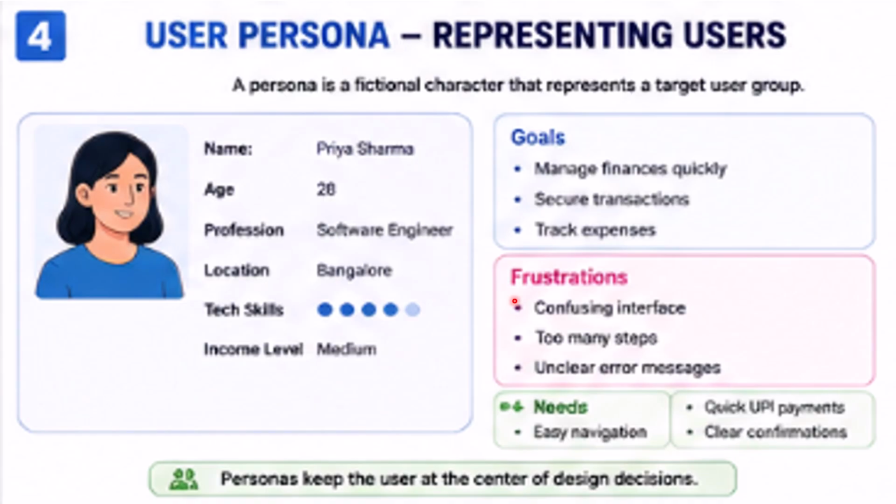Her frustrations include confusing interfaces, too many steps, and unclear error messages. By understanding user goals, frustrations, and needs, designers can create products that provide a better user experience and solve real-world problems. So personas keep the user at the center of design decisions.